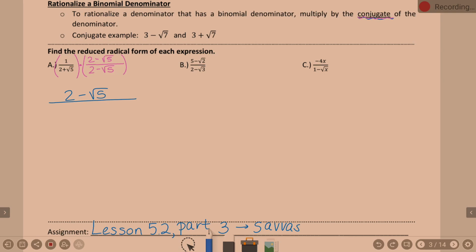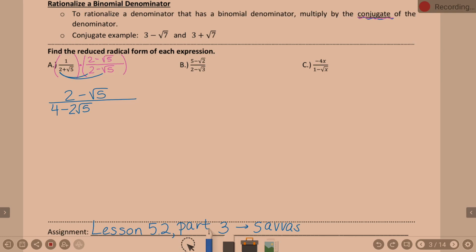What do we have to do in that denominator? It's a binomial times a binomial. So officially, what were we just doing on the front side? FOIL. Okay, let's FOIL. First, 2 times 2 is 4. Outsides, 2 times negative square root of 5. So positive times a negative is going to be negative, and then 2 square root of 5.